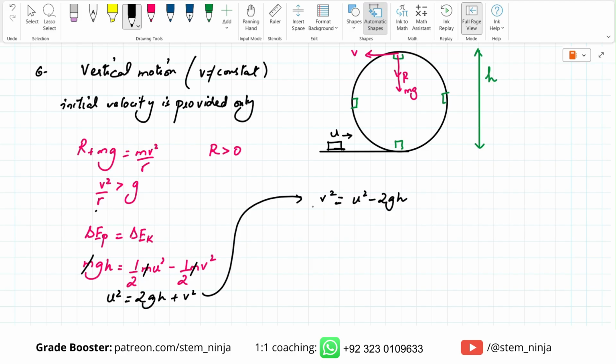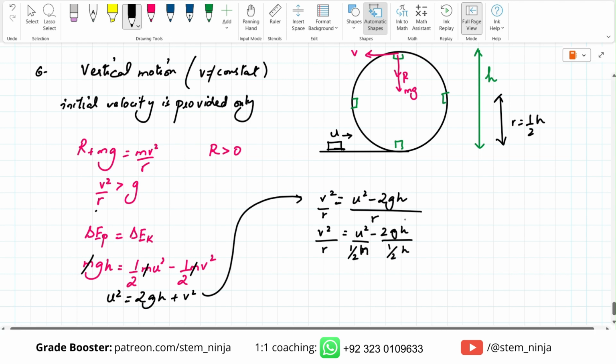So V squared over R. R is basically half of H, so divided by R, V squared over R would be u squared minus 2gh over half of H. So what does that get us?